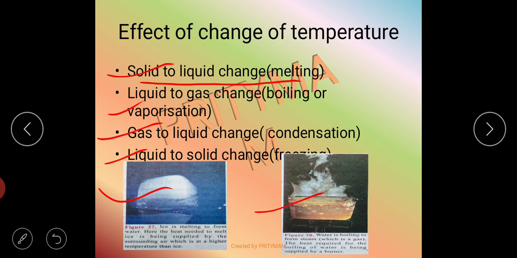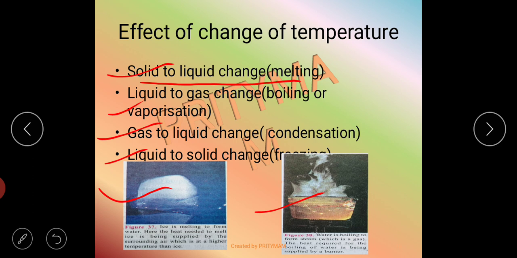Let me give you one example. When water is cooled, it gets converted into the solid called ice, and this is called freezing of water. Freezing means solidification. When water freezes to form ice, there is a change from liquid state to a solid state. Freezing is the reverse of the melting process.